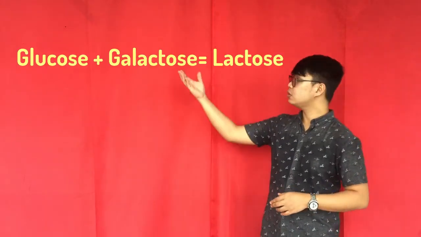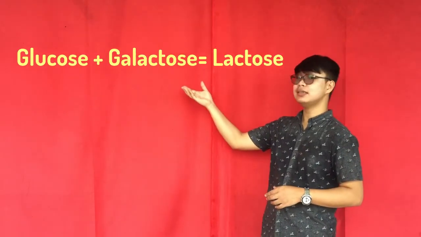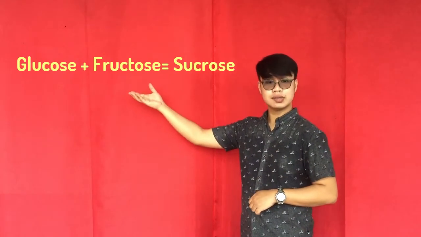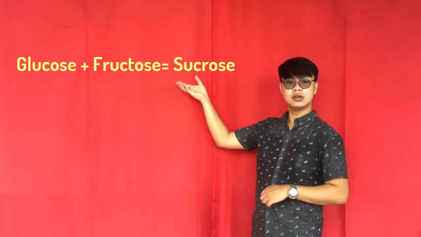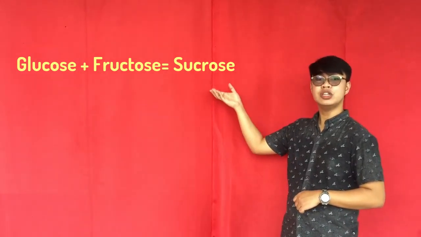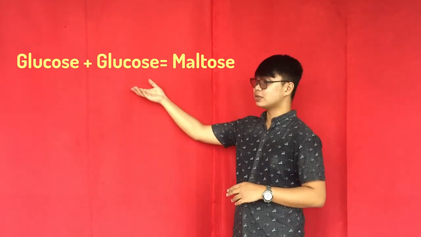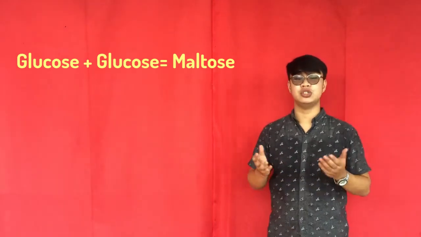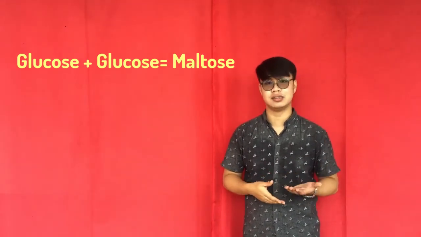First, glucose plus galactose is equals to lactose, which is a sugar in milk. Second, glucose plus fructose is equals to sucrose, which is a table sugar. And lastly, glucose plus glucose is equals to maltose, which is a sugar found in cereals or in grains.